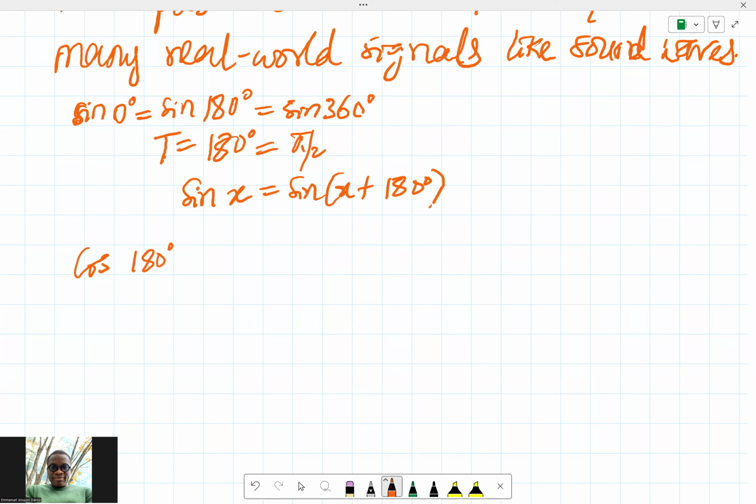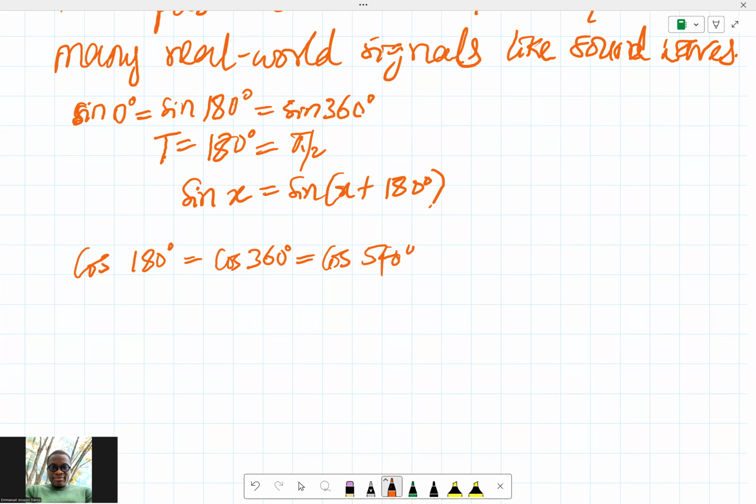So cos 180 degrees is the same thing as cos 360 degrees, and it is the same thing as cos 540 degrees.